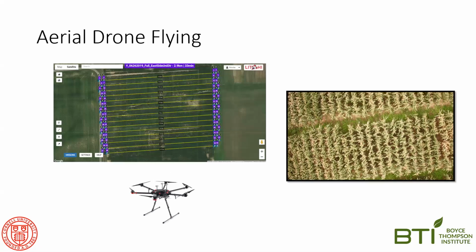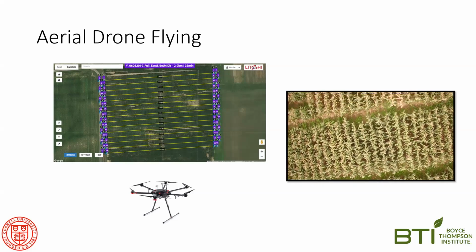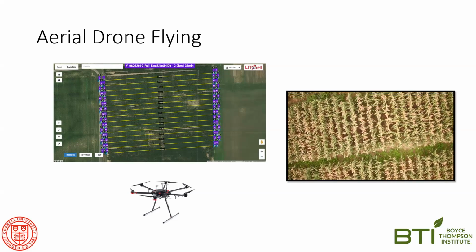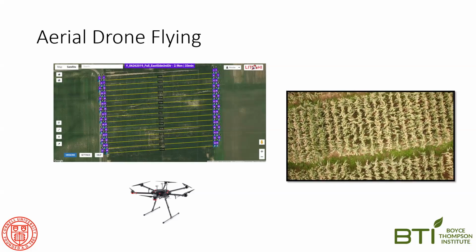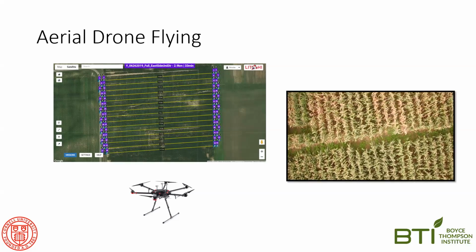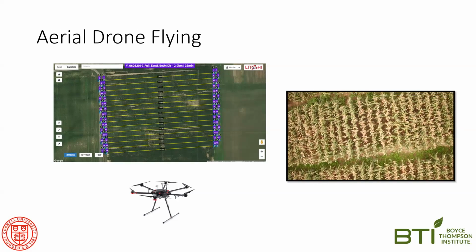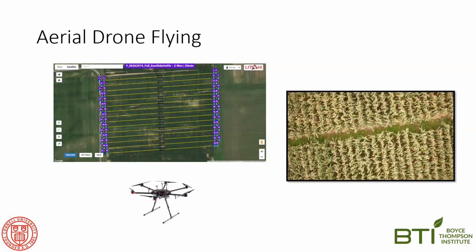Just to give a brief of how we're doing the data collection, we use a DJI M600 drone. It flies a pre-programmed path over the field. I use Litchi for the flight planning. As it's flying, it collects images.